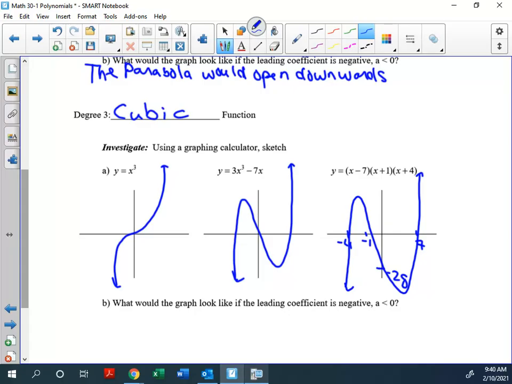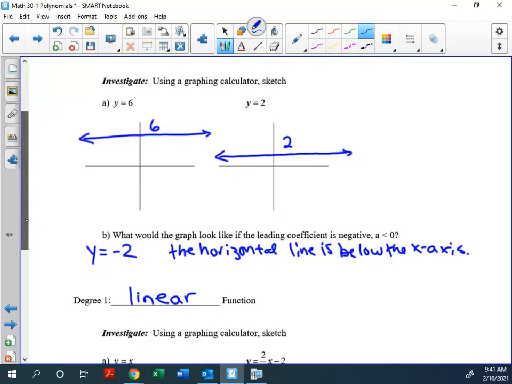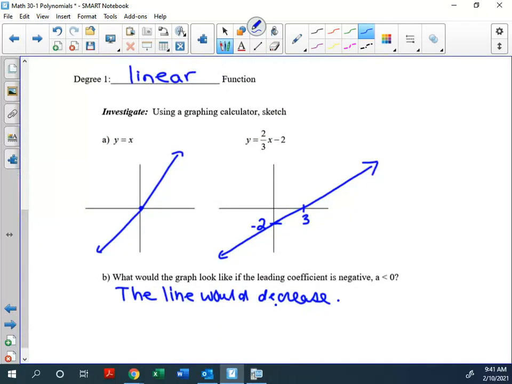It always started in quadrant 3 and ended in quadrant 1. Started in quadrant 3, ended in quadrant 1. My linear functions started in quadrant 3, ended in quadrant 1. So does my cubic behave a little bit like my linear?